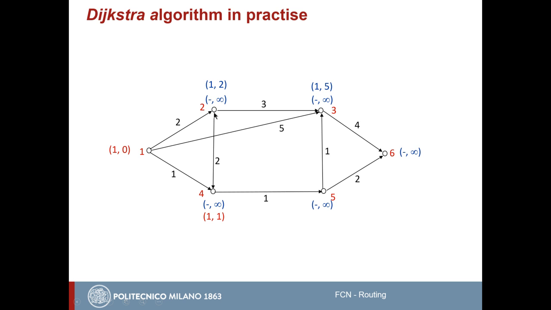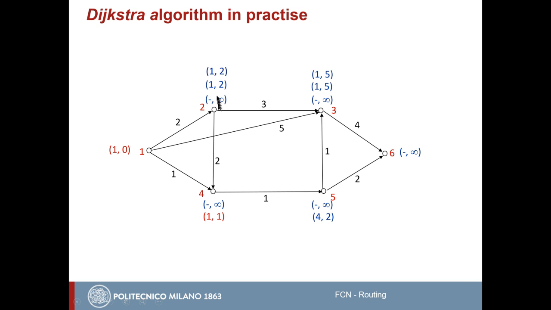They are all neighbors of P because they are connected to at least one node which is in P. So we have to update their cost, considering the nodes which they are connected to, and looking if the sum of the previous cost of that node plus the direct link is less or equal to the cost in the previous step. So we do this with node 2, node 3, and node 5.